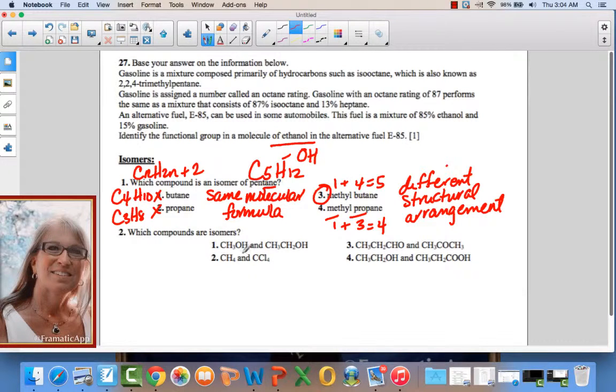So I just want to show you, since I'm going to use this to teach you something else, I'm going to draw out pentane. So there's my C5H12. Methylbutane. But is 4 carbons, and it has a methyl group.